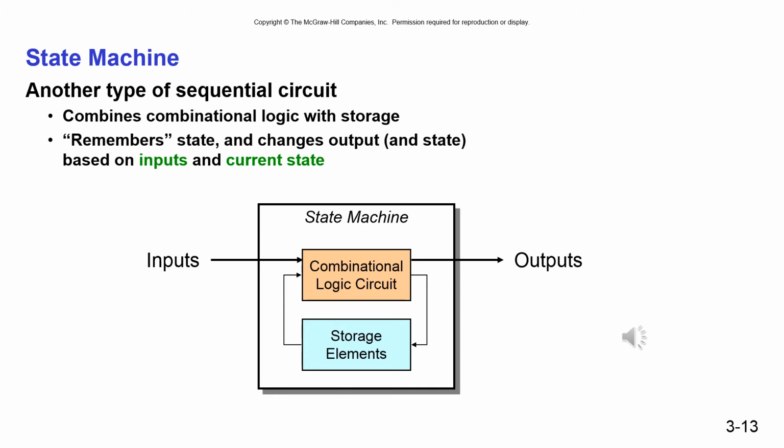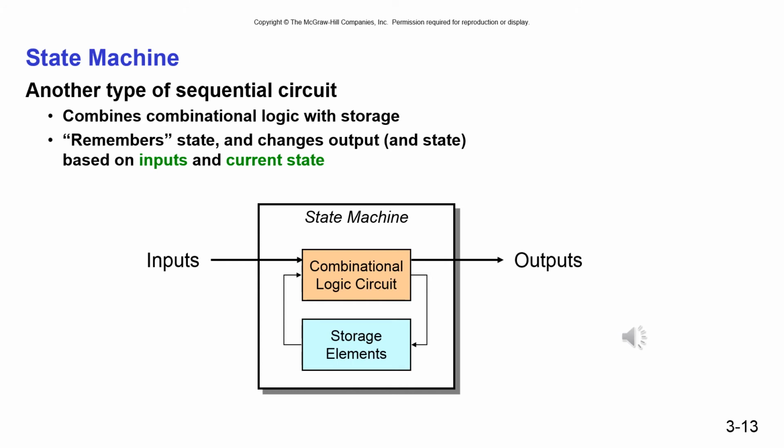Next important concept is that of a state machine. A machine that moves from one state to the next and can change outputs, can store data, information from one state to the next.